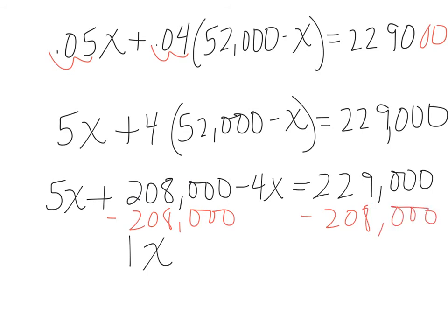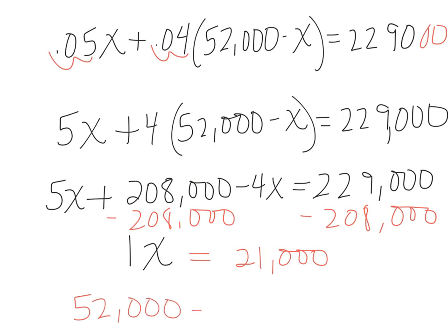So it appears as though x is equal to 21,000. If you think back, that x was how much was invested at 5%. So how much was left over to invest at 4%? 52,000 minus 21,000, or 31,000.